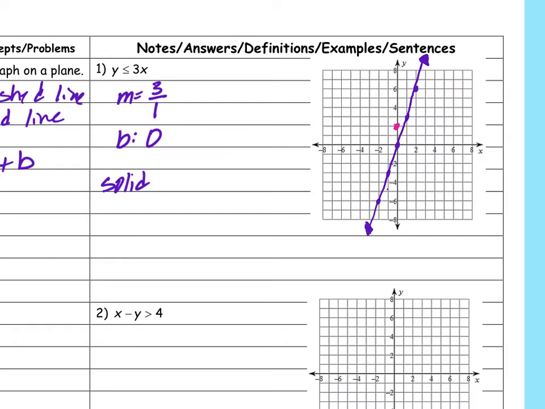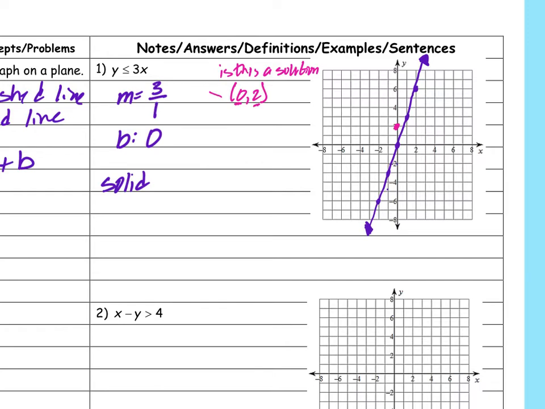So I want to know if that point is true or not. I chose the point 0, 2, and I want to know if that's a solution. Is this a solution? Okay. So we do what we just got done doing in the last directions, where it says plug it in and see if it's a solution or not. My x value is 0 and my y value is 2.